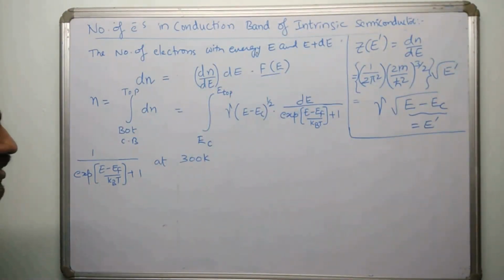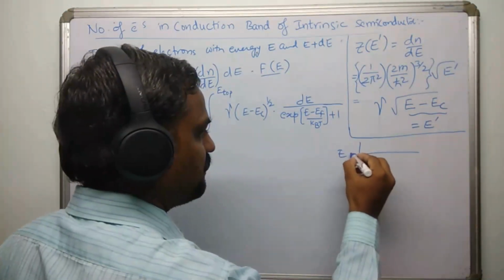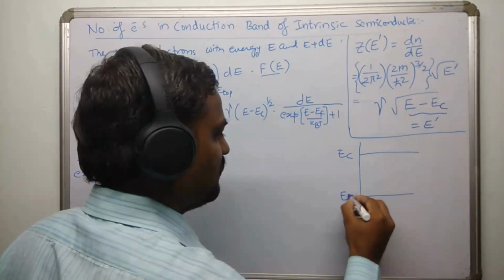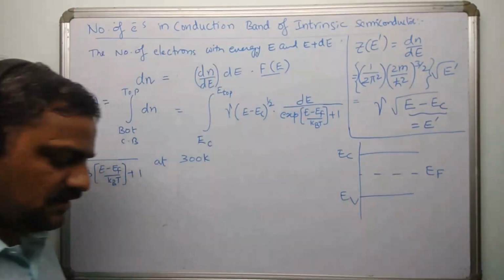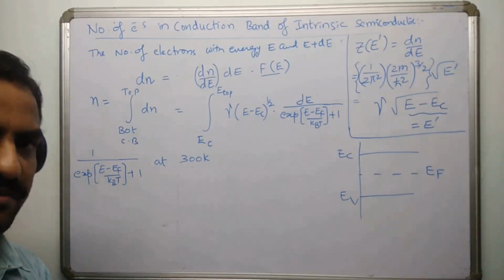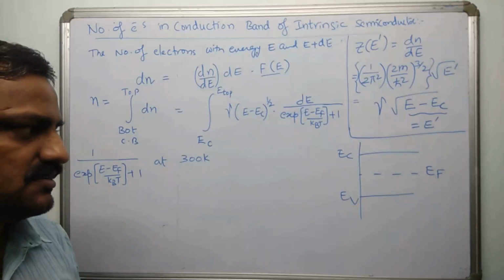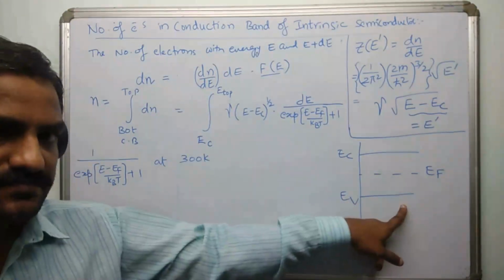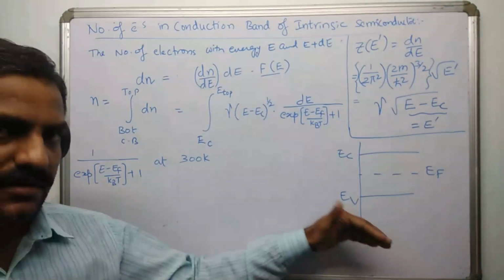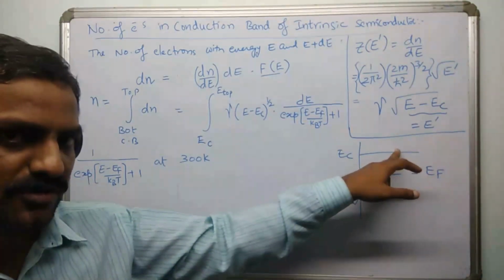You know, from the band diagram, we know that this is EC and this is somewhere EV, and in between somewhere this EF is going to lie, because at absolute zero EF is the topmost filled energy, and you know very well that in semiconductors at absolute zero the topmost filled energy is EV, right? Because no electrons can escape from the valence band to the conduction band. This fact you know very well.